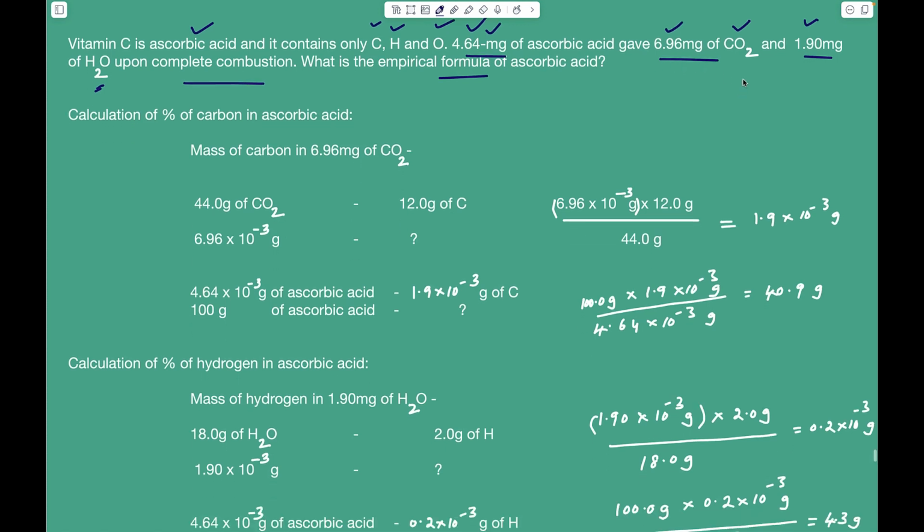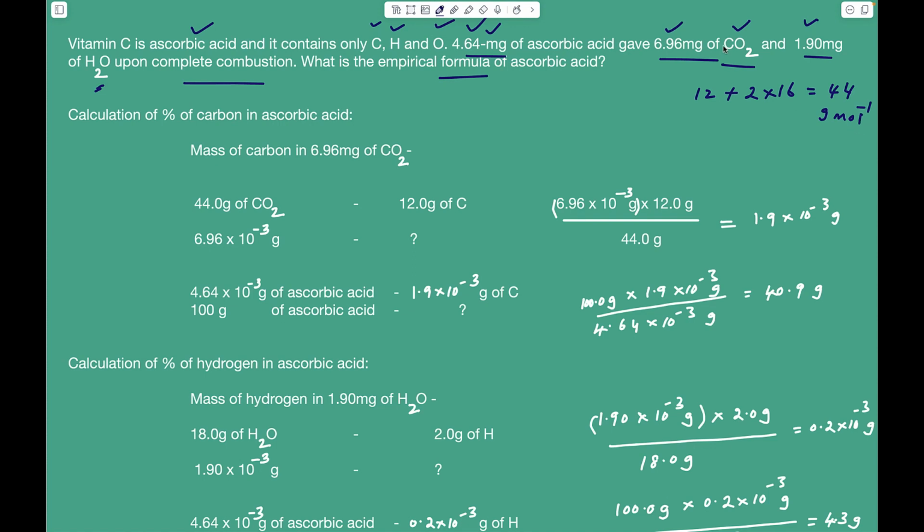You know the molecular formula of carbon dioxide, it is CO2. And the molecular weight of carbon dioxide is 12 plus 2 times 16 approximately, so that is 44. So the molar mass of carbon dioxide is 44 grams per mole.